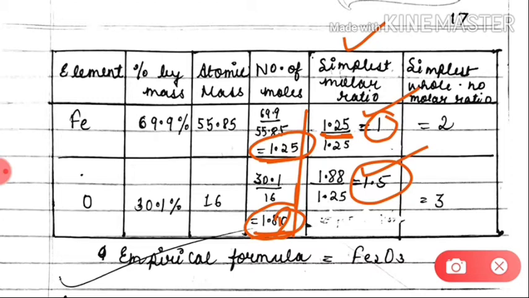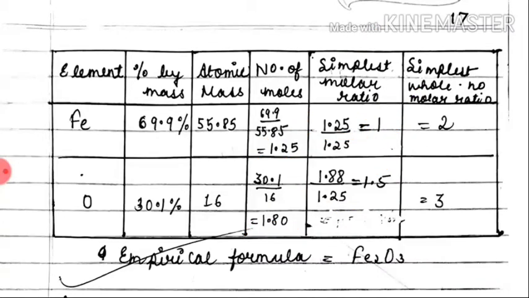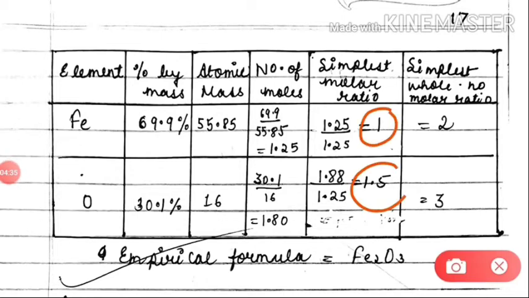Whenever we write the chemical formula of any molecule or compound, we never write anything in decimal or fraction. So this is the oxide of iron, but when we write the molecular formula, we convert these numbers into whole numbers. This is 1 and this is 1.5. We convert these numbers of moles into whole numbers. How? We multiply this by 2, and this also we multiply by 2.